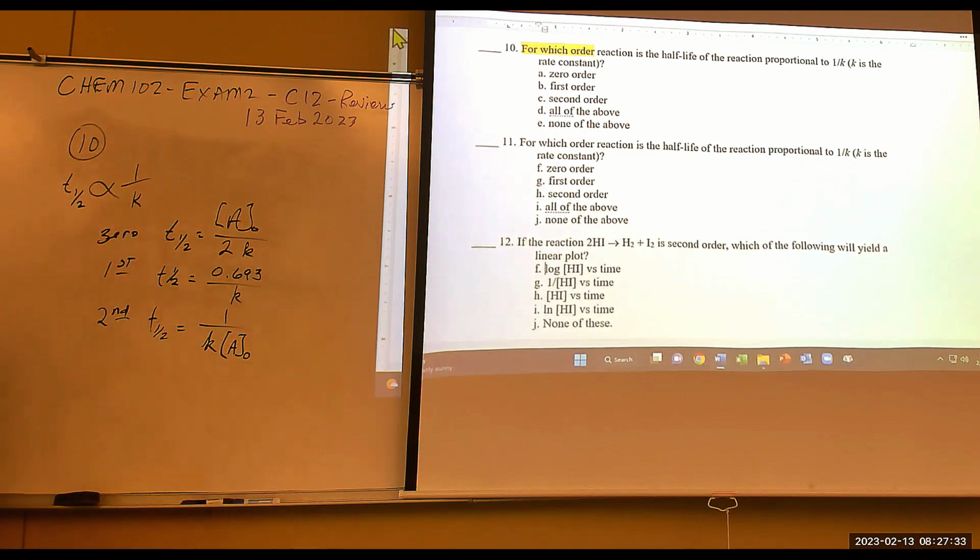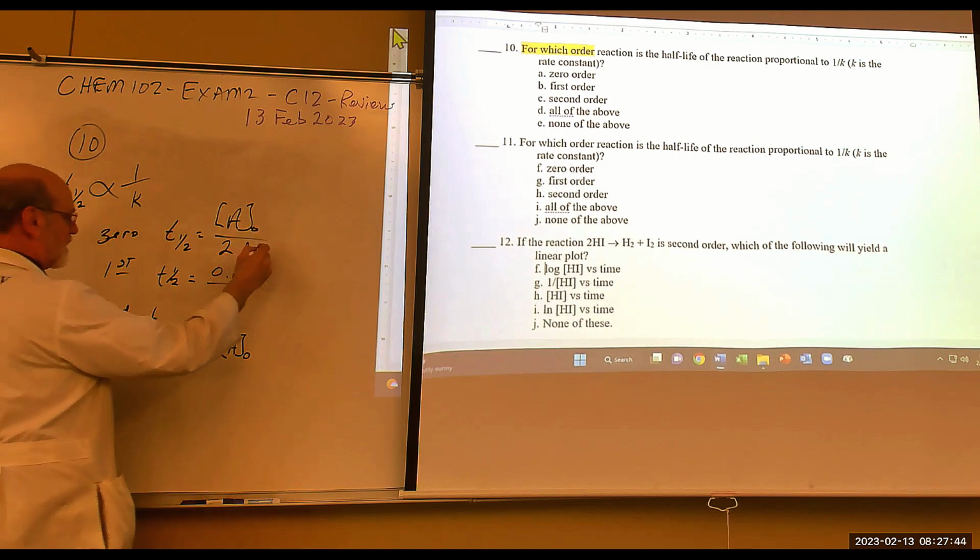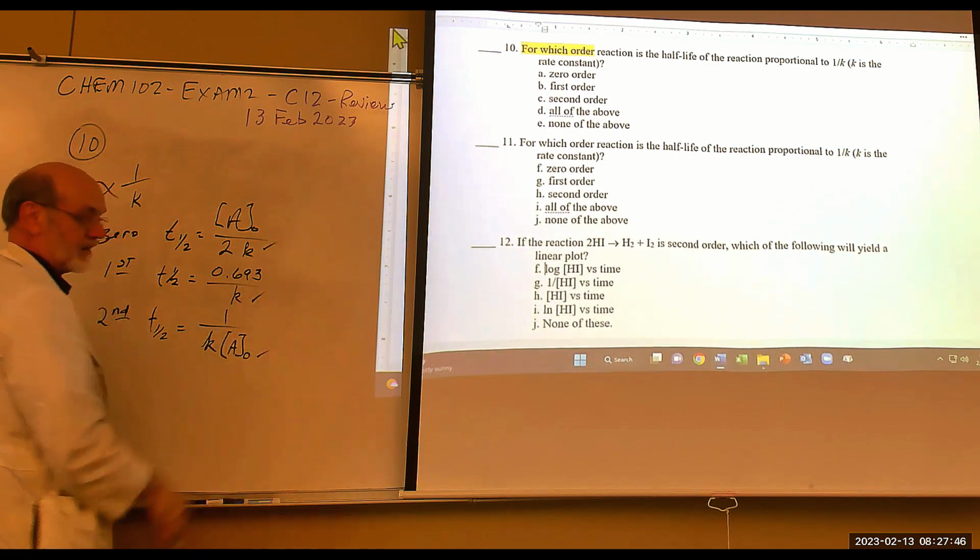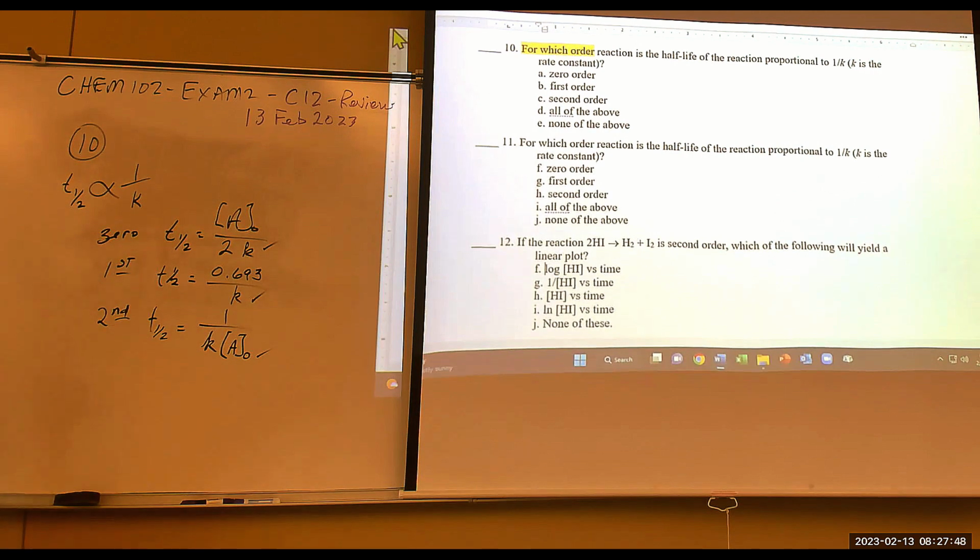There we go. Okay, so now we have our half-life expressions for each of these orders. So which ones are proportional to 1 over k? All three of them. Okay, so that makes this one all of the above. They're all proportional to 1 over k.